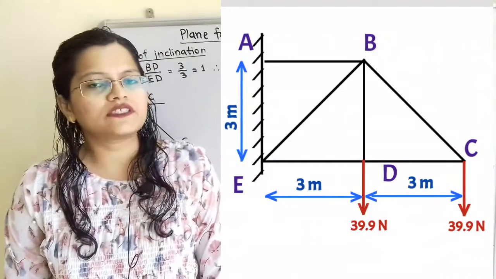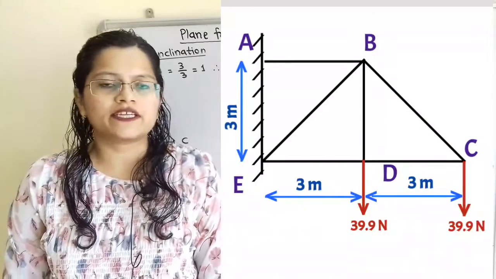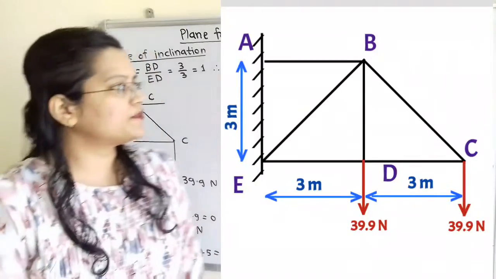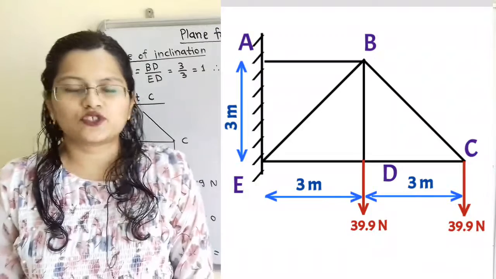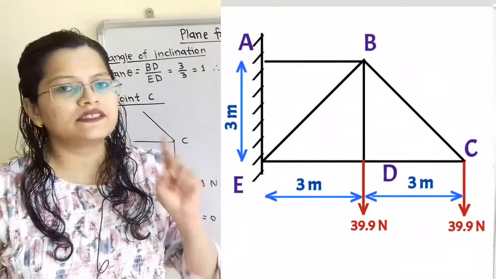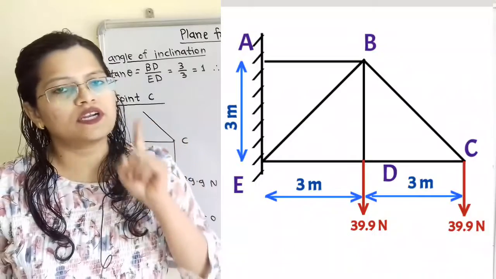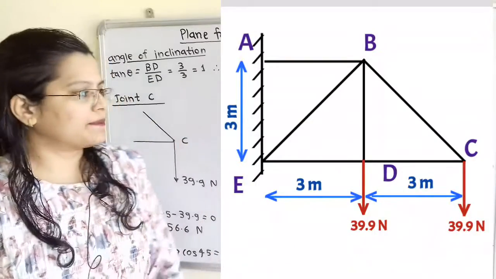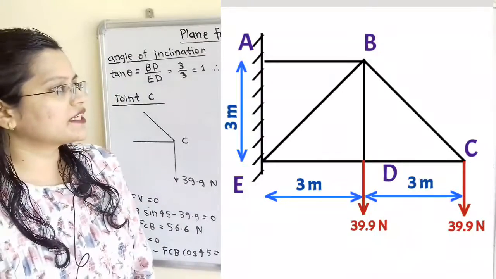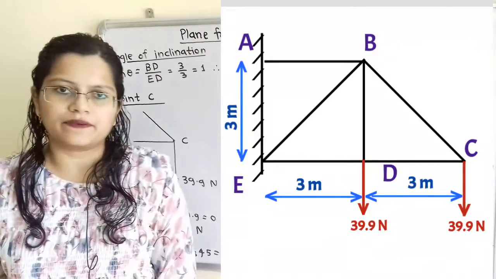We have to first understand each joint is connected with how many members. Now if we observe this diagram, at joint A, it is connected to the member AB. That means at joint A there is only one member AB. Then at joint E there are two members EB as well as ED.